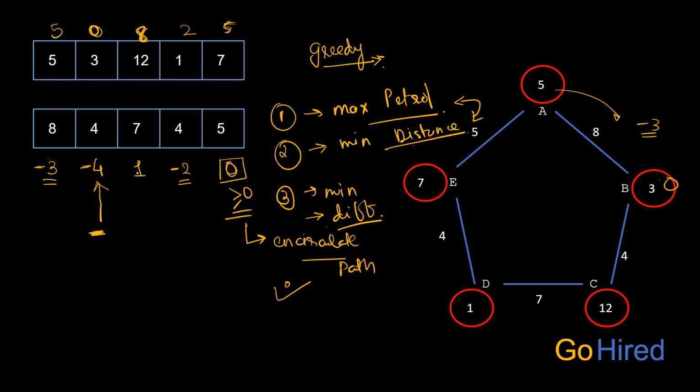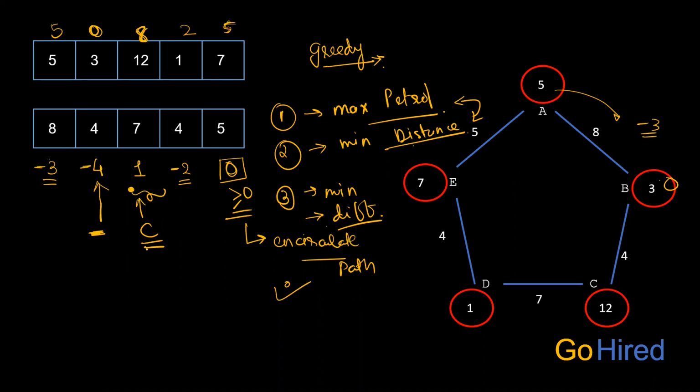After that point, I have maximum petrol, or the most petrol possible. So if I start from that node, probably that is the right answer. We saw from C, in one of the directions it is possible. So we currently have our answer over here, C.